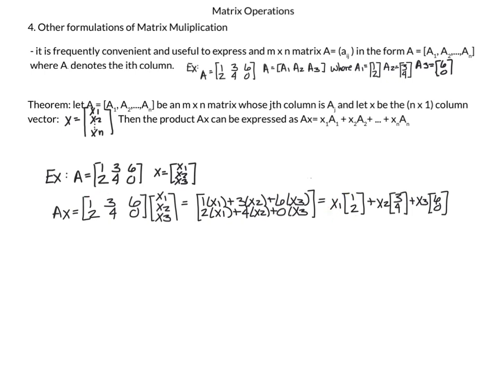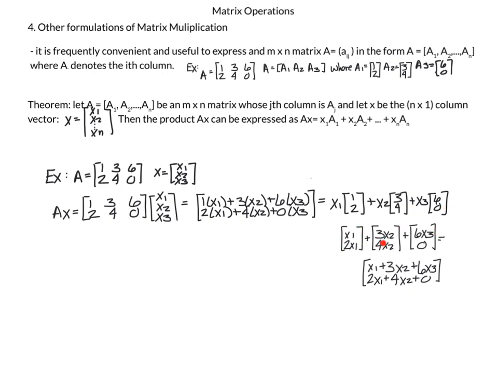column plus x2 times the second column plus x3 times the third column, because if you multiply this out, you are going to get x1 times 1 is x1, and then we have 2 times x1 plus 3 times x2, 4 times x2 plus 6 times x3, and then 0.